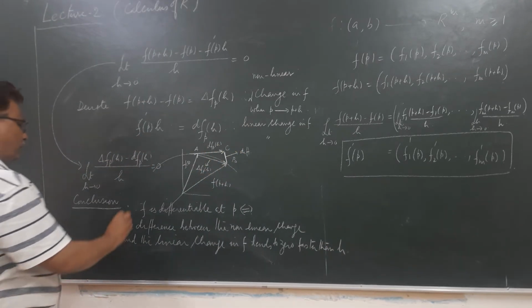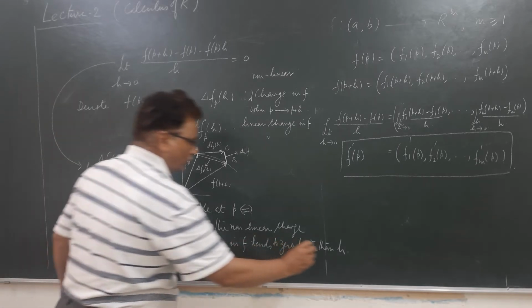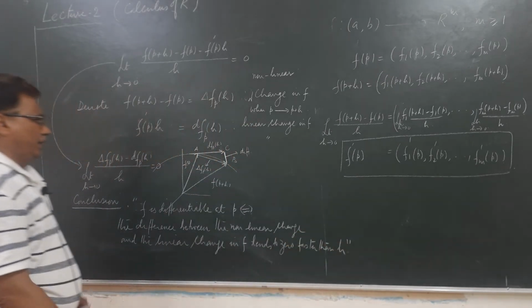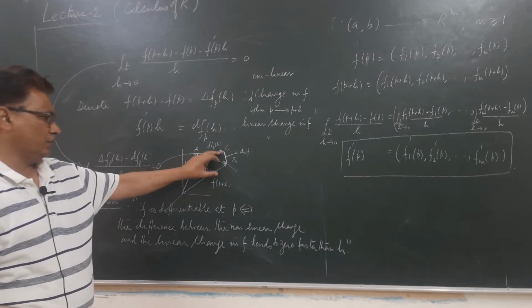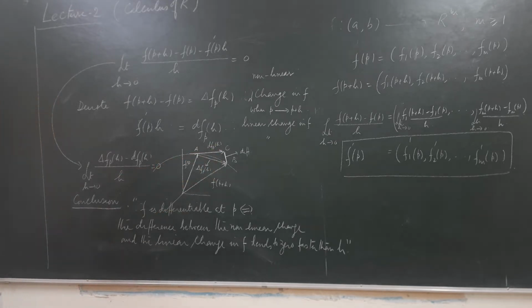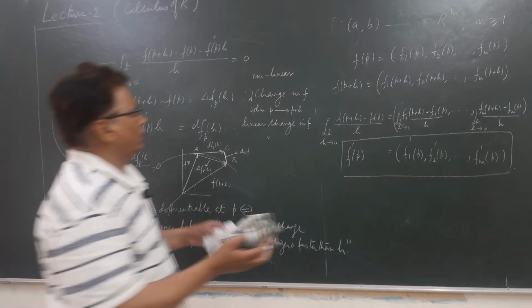In fact this is true from both sides. This is an important conclusion. It should be tangent to the curve and it should tend towards 0. The difference between the two should tend towards 0 faster than h. This statement is given in several other ways also.